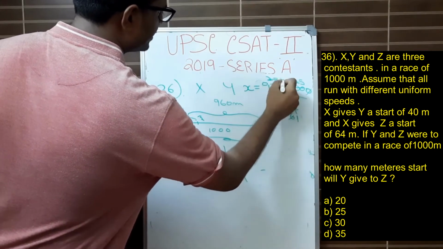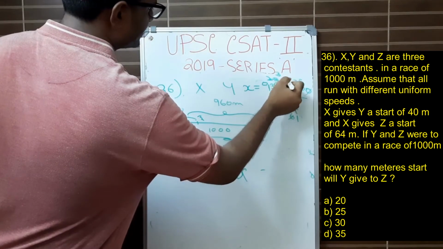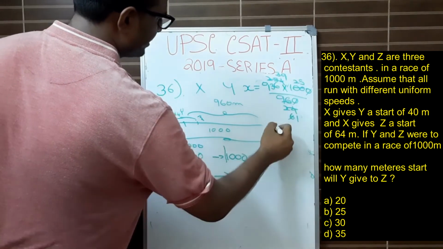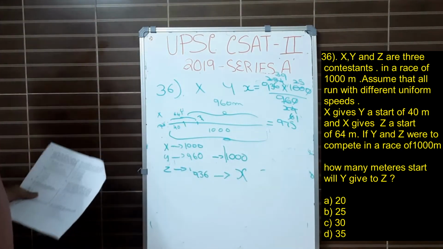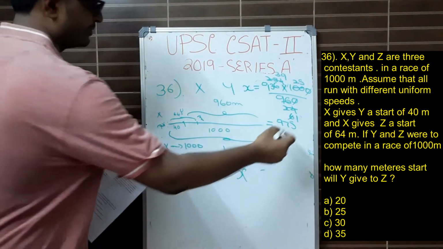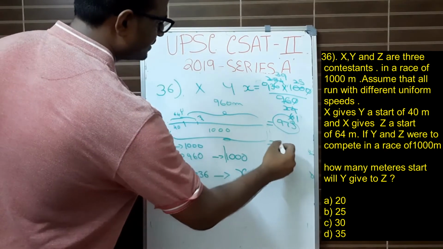Then 1, 3, 39. So it's 39 into 25, which is actually 975. This calculation you can do at your own speed.